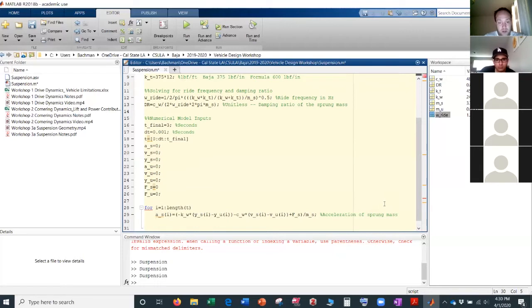Let's also solve for the acceleration of the unsprung mass at this point. The acceleration of the unsprung mass is going to be equal to minus k of the tire times y of the unsprung mass as a function of time minus y of the ground, right?